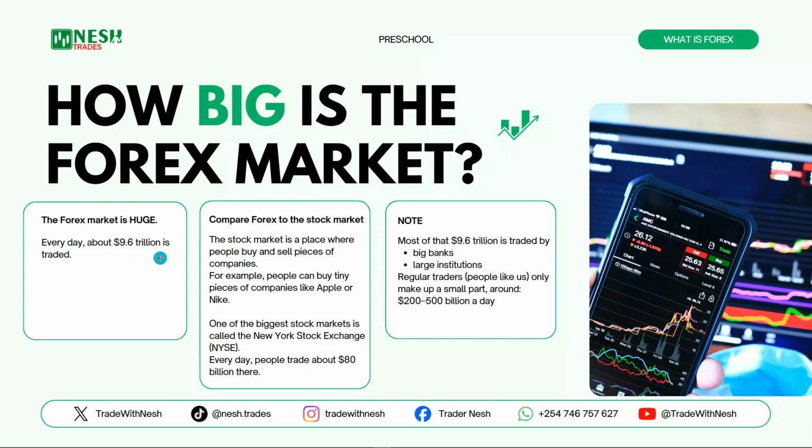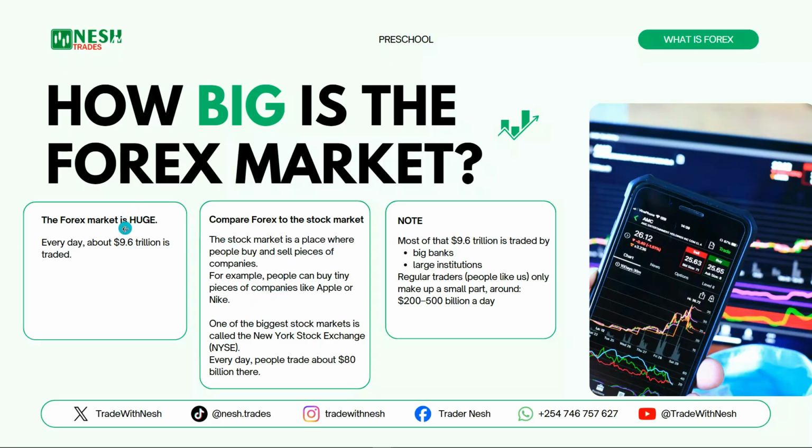How big is the forex market? The forex market is very huge, and every day about 9.6 trillion is traded. All right, and if we compare the forex market and the stock market, the stock market is a place where people buy and sell pieces of companies. For example, people can buy tiny pieces of companies like Apple; these are shares, right? You buy shares and then you can make a profit from them.